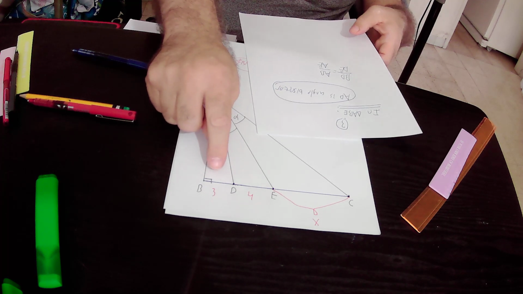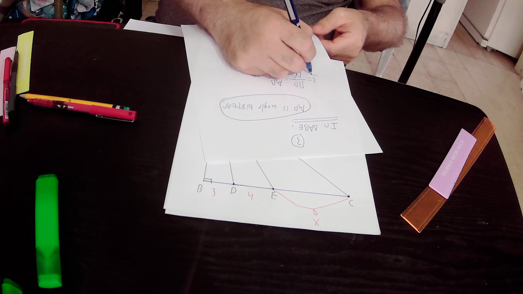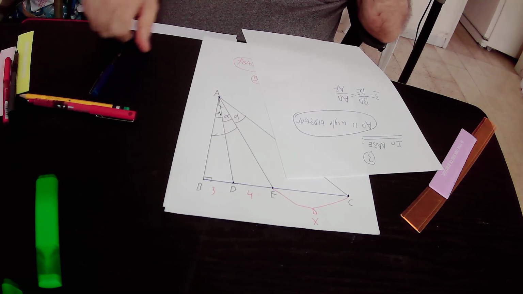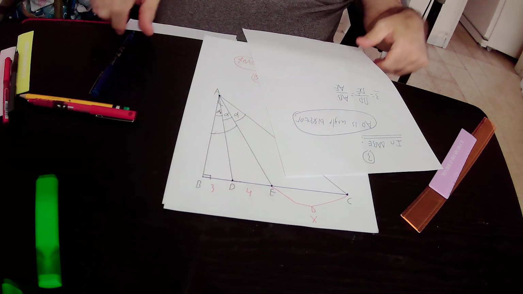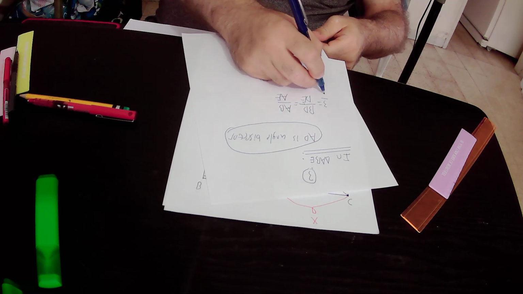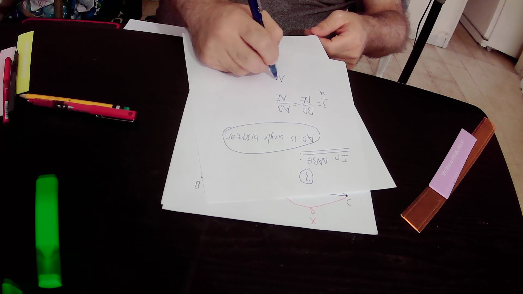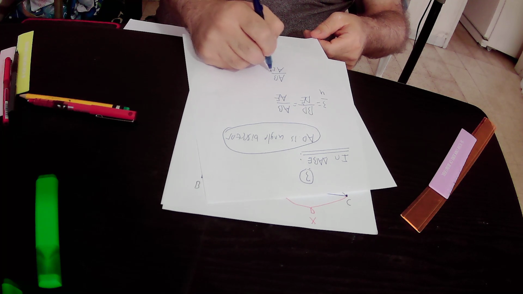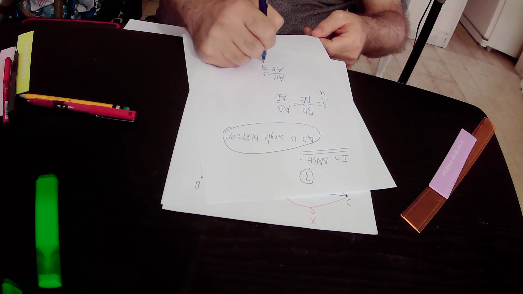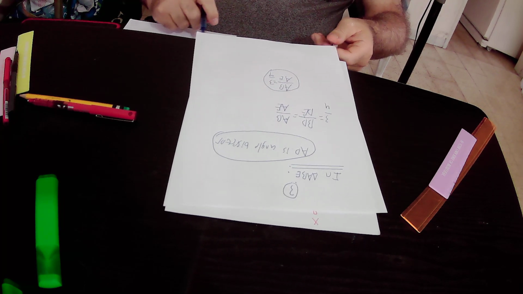BD equals 3 units according to what is given in the question. And DE equals 4 units. In total, we get that AB over AE equals 3 over 4.